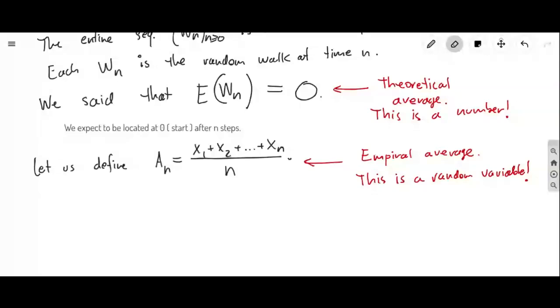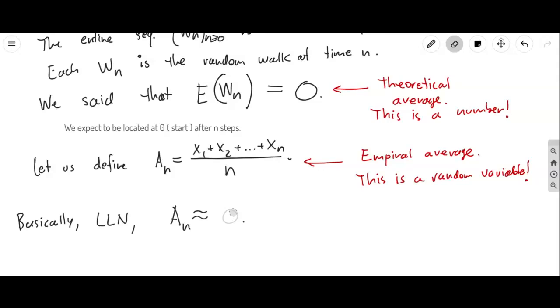Okay, so this is what we have. Basically, this is the simplistic version. The law of large numbers says that an is approximately 0, that the empirical average and the theoretical average are about the same. Now, anytime in mathematics you use an approximate symbol, it's good for heuristic ideas, but how do you make this rigorous?